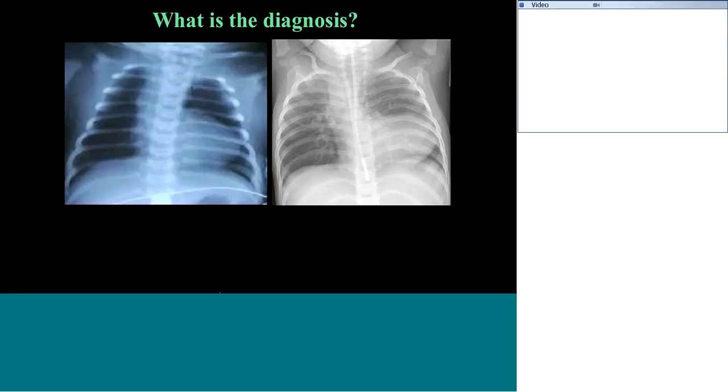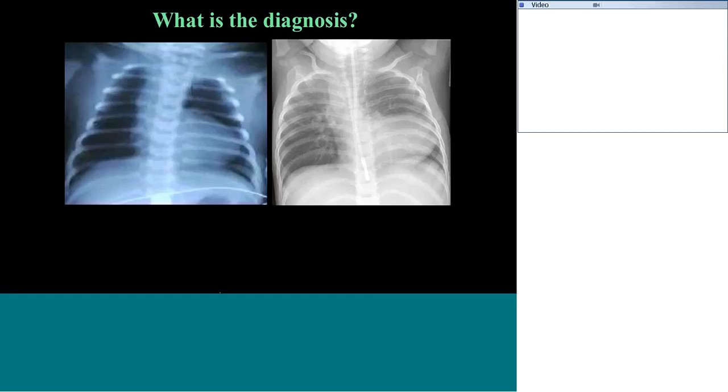Where is it common? Okay, it's more common in pulmonary atresia. That's right. That's a correct one. 22q deletion, that's also right.